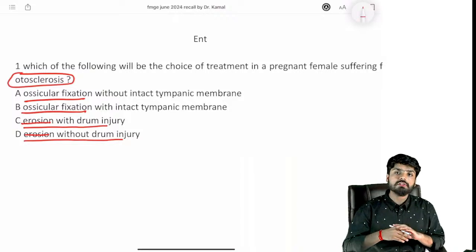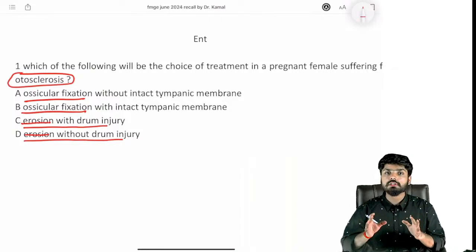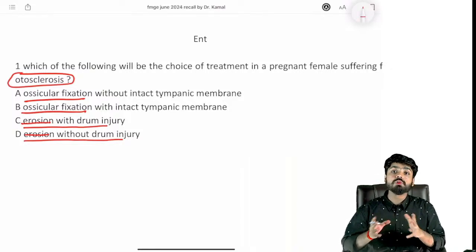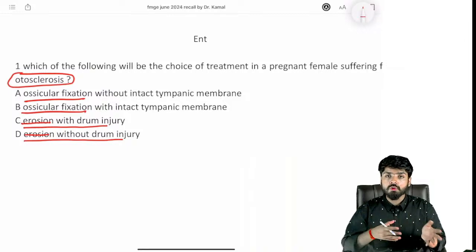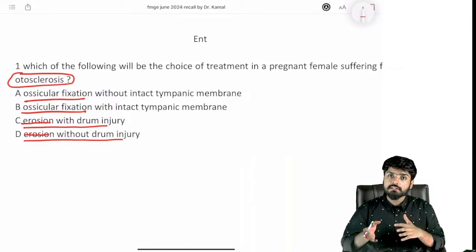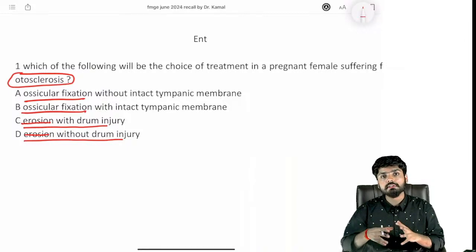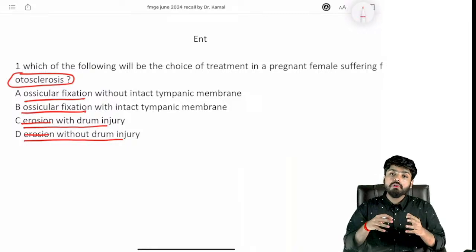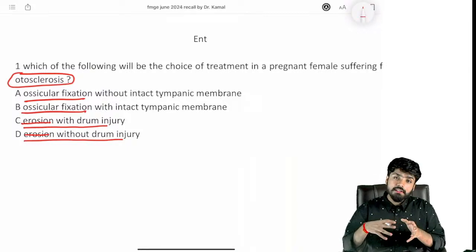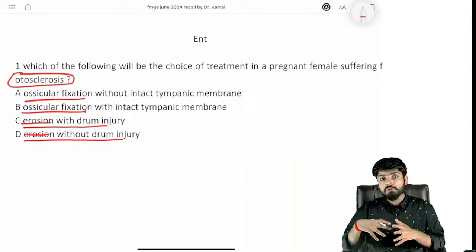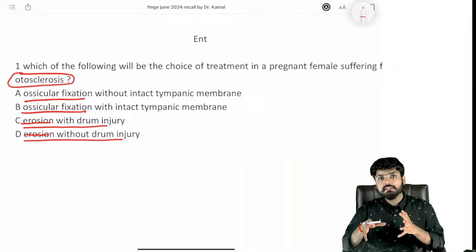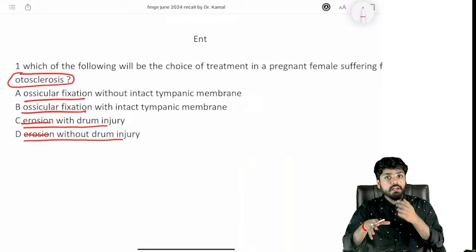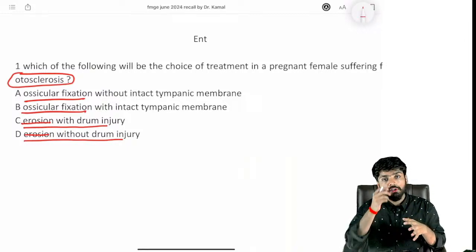For otosclerosis, we all know this is a pathology in which we can see spongiotic change. Normal lamellar bone is already there. The stapes is already there, which is a lamellar bone. Now, for some reason, suddenly the lamellar bone starts changing into spongy bone, and it gets fixed into the oval window. If it gets fixed in the oval window, what happens?